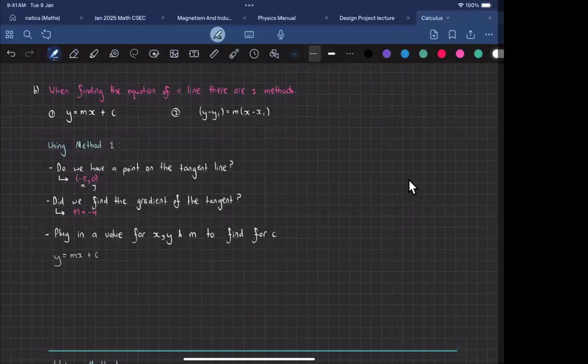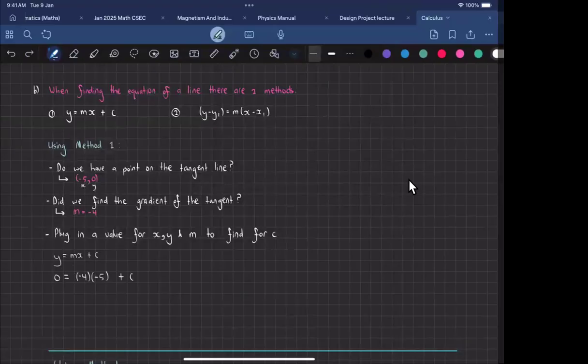Yeah, 0 is equal to -4 times x, which is -5, plus c. We don't know what c is. That's the whole point of doing this, to find c.